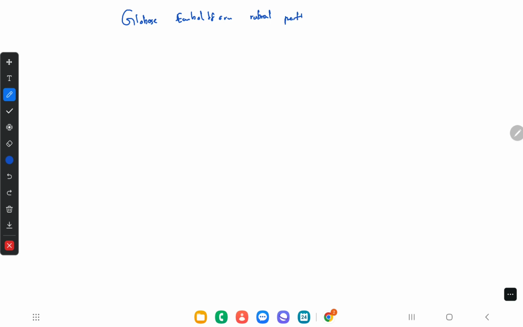The axon starts from the globose and emboliform nuclei.